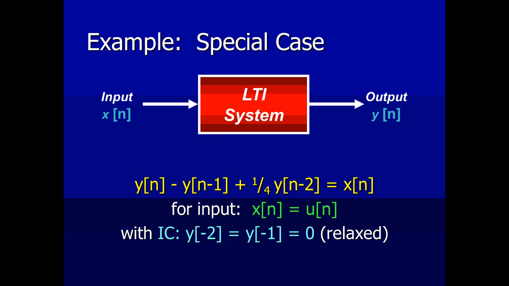Now we'll drop in our u of n's. And k1 is minus 3 times the 1/2 to the n. And k2 is minus 1 times n times 1/2 to the n. And I should sprinkle liberally with u of n's because these are all for n greater than 0.